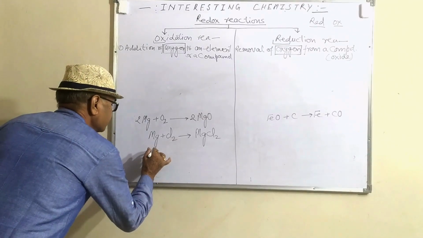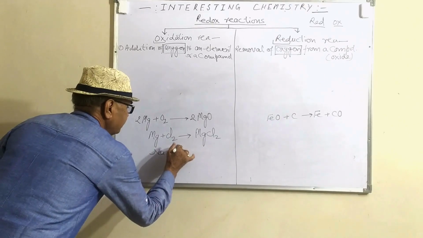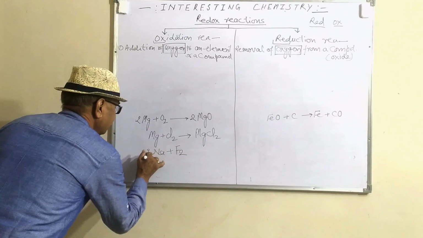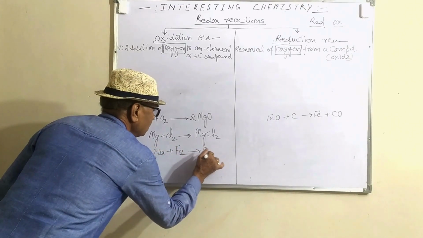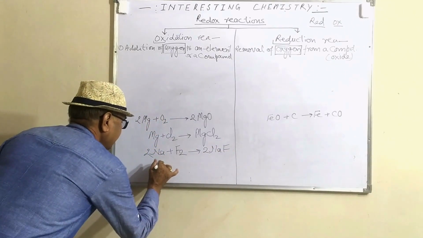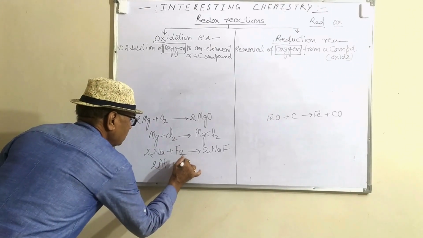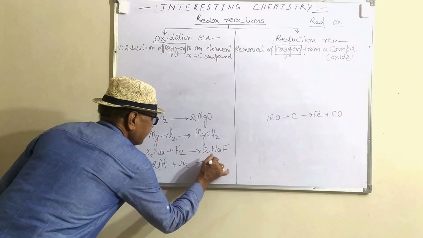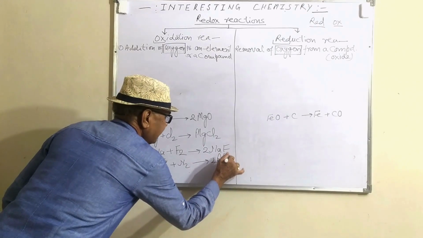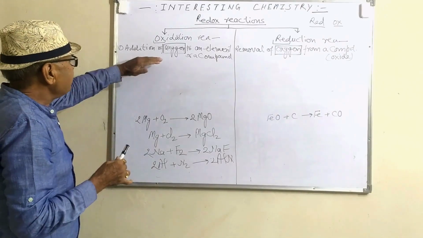In the same way, when sodium is treated with fluorine, then sodium fluoride is formed, 2NaF. And when aluminium reacts with N2, aluminium nitride, AlN, is formed.